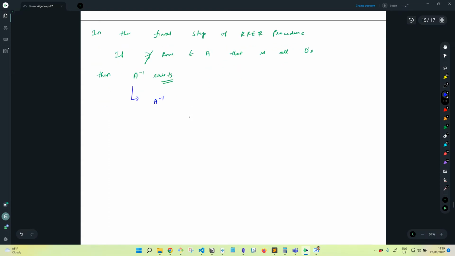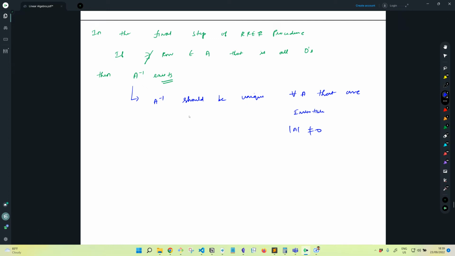Now we just saw that if A inverse exists, then A inverse should be unique for all A that are invertible. And what do we mean by invertible? Basically, determinant of A should not be equal to zero.